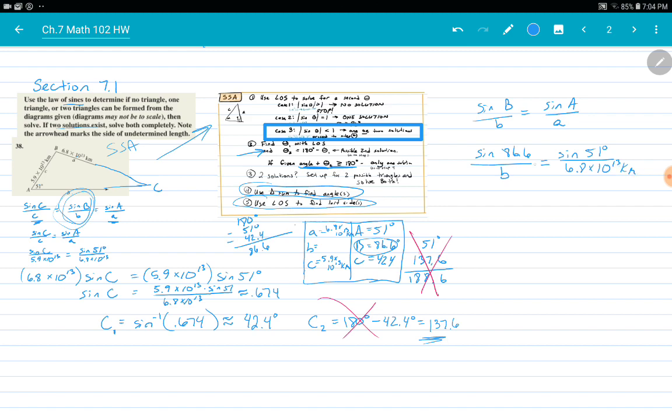So I need to solve for B. I get B times the sine of 51 equals 6.8 times 10 to the 13th times sine of 86.6.